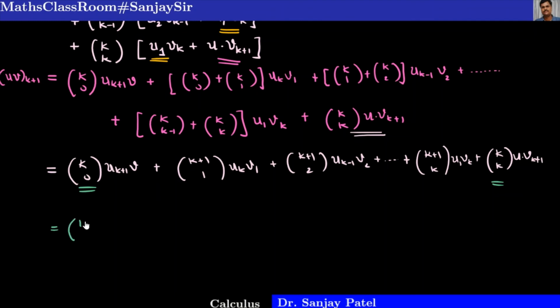So I can write it as k plus 1 C0 because I need it in that form, u^(k+1) v, plus the remaining terms as they are.